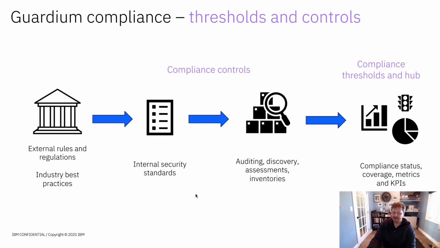Normally it's a separate document, but those documents go out of date, and so it'd be nice to have it within the product so that you can see it right there. And then we need a way to monitor our current compliance, in terms of metrics, and so we've created compliance thresholds and the hub to show you your current compliance status based on some flexible metrics that you can define. So those are the exciting new features I want to talk about.